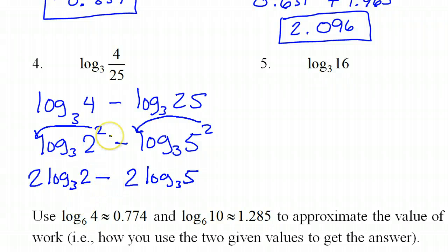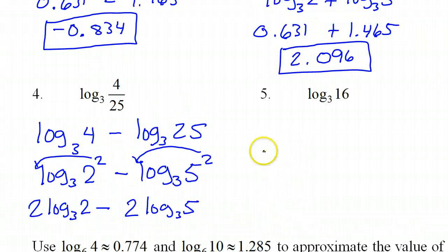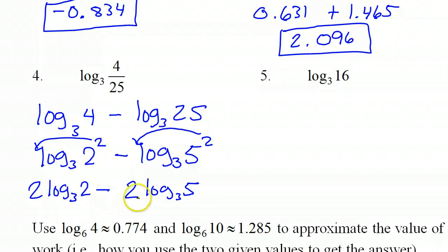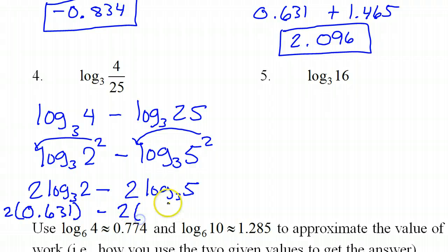Alright, now we can substitute those values that we know. So the log base 3 of 2, that was our 0.631. We still have 2 times this. And then 2 times, the other one was 1.465.